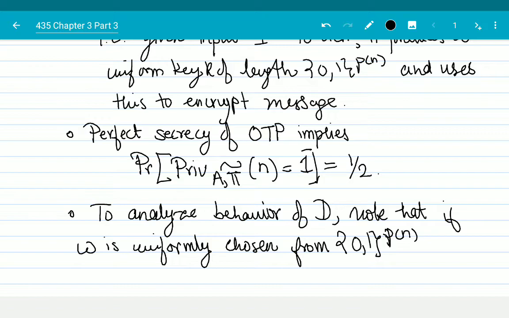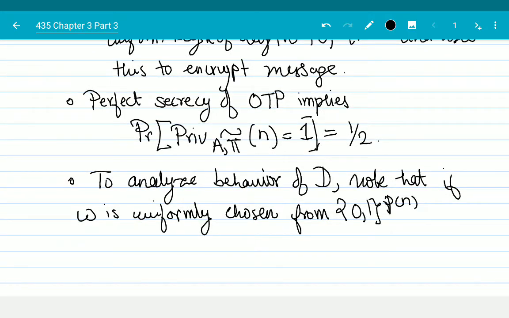Then this is running a proper one-time pad. If W is chosen from 0, 1 to the Pn, this is just a proper one-time pad running on length Pn subroutine.